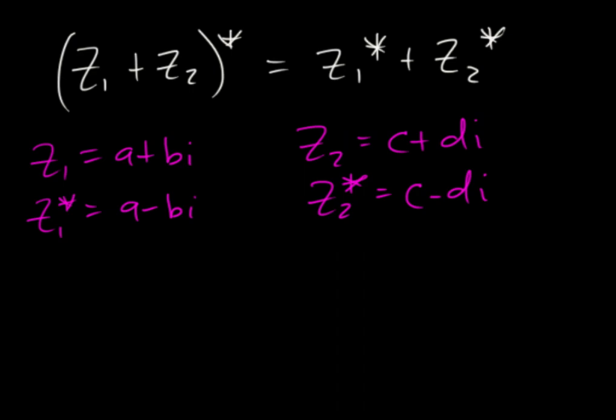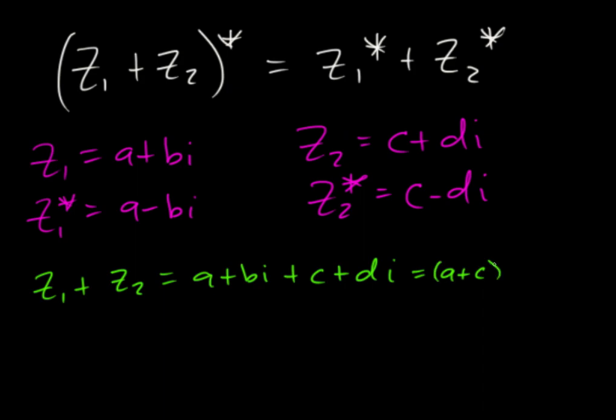So if we add z1 and z2, z1 plus z2, that's going to be a plus bi plus c plus di, which we could simplify to a plus c plus i(b plus d).